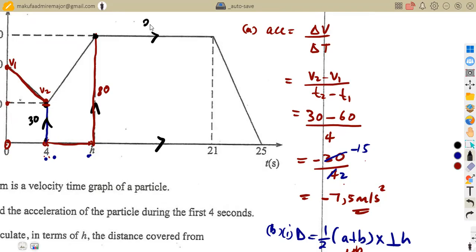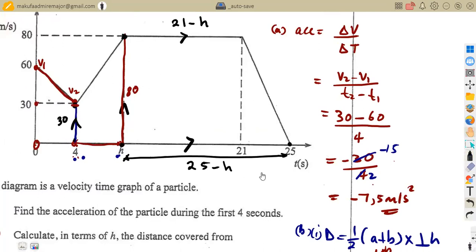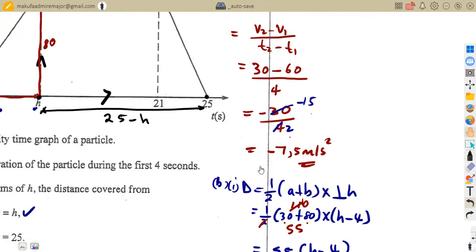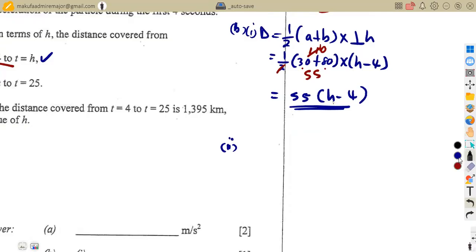Then from h up to 25, we are going to have 25 minus h. And our perpendicular height is 80. This 80 corresponds to the height there. So this is what we're going to have. So our formula, we're going to have our distance as half of the sides that are parallel.